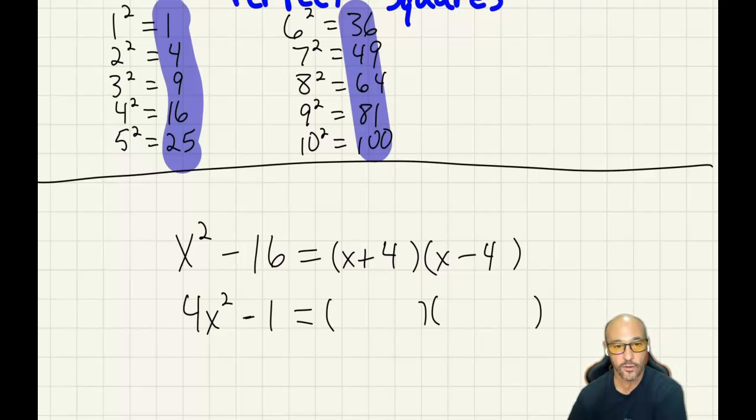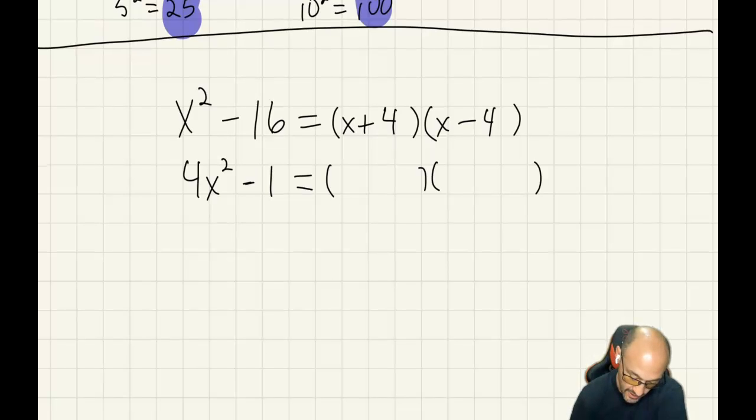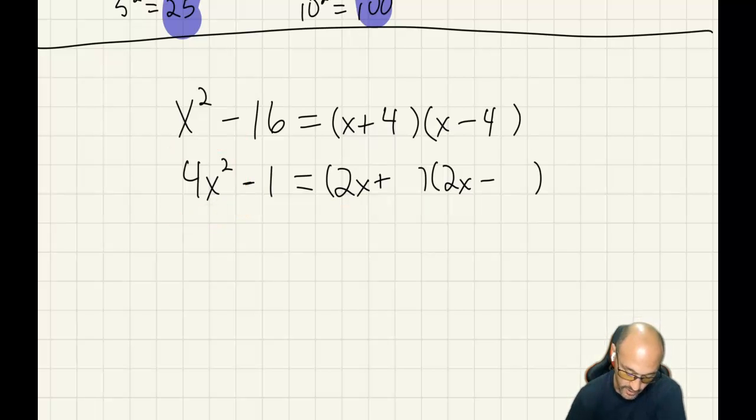So when we factor it, it's going to factor as two binomials. And you have to remember that this first term here, you have to rewrite it as 2x. So 2x times 2x gives us that 4x squared. And then it's always positive and negative, or addition and subtraction. And then because 1 is equal to 1 squared, it just looks like that.